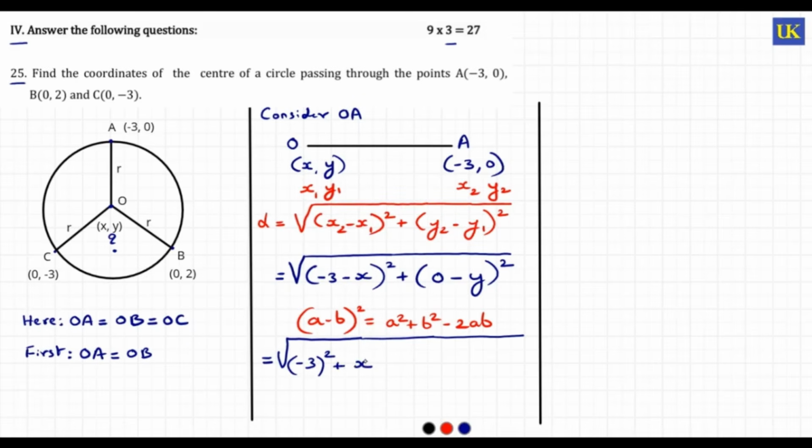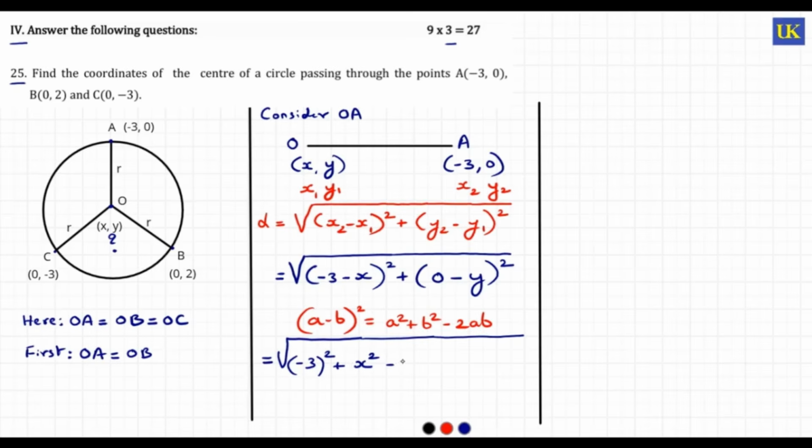Then the second term is x square, and then minus. This minus is taken care of in the formula, but this minus is not present in the formula, that is the reason I am using this minus sign here when I am solving it. But for the second variable minus x, we need not use it because the formula itself has taken care of it. So here, no need to write minus. I hope you know these basic things.